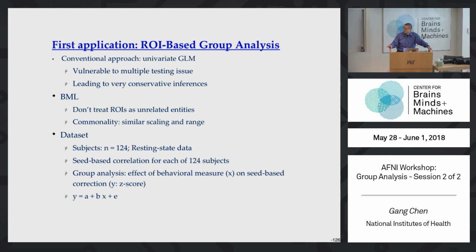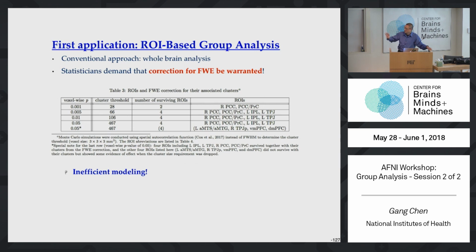Suppose we care about the effect b, the theory of mind effect at each voxel. If we do that at the whole brain level, this is the scenario we have. It depends on which primary threshold. In this table, in the first row, the voxel-wise threshold is 0.01. That's pretty much what nowadays the journals or reviewers demand, use 0.01, right?